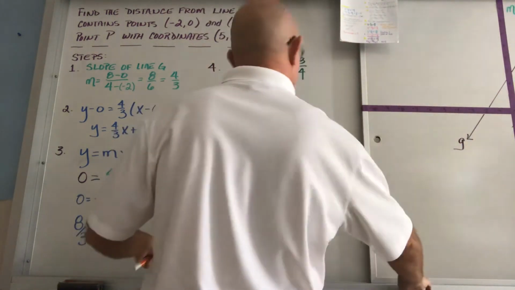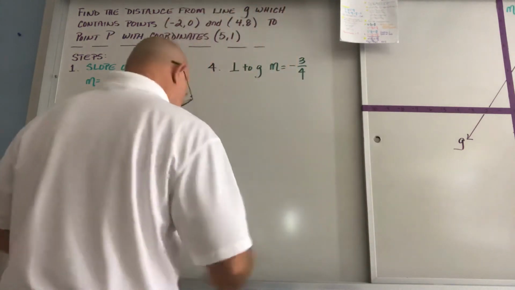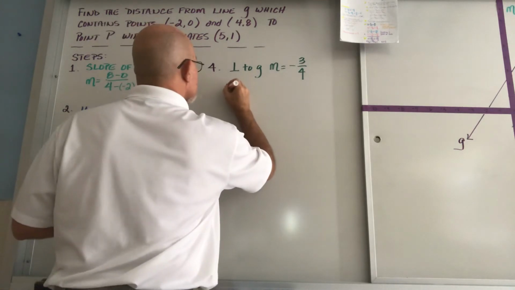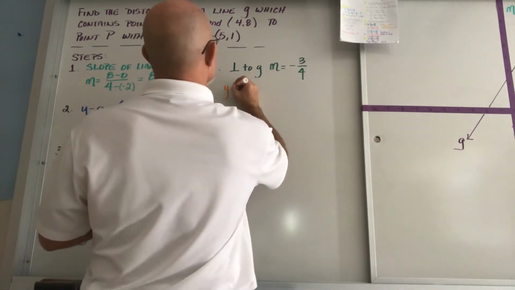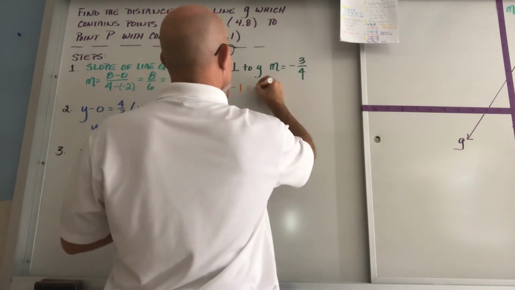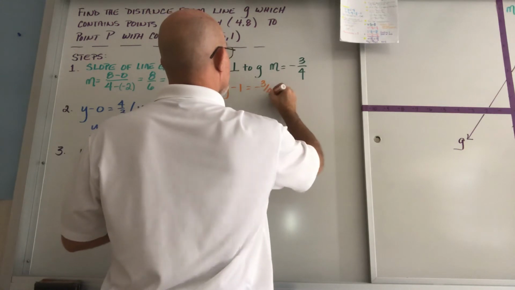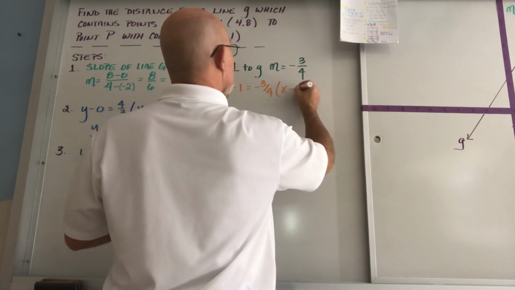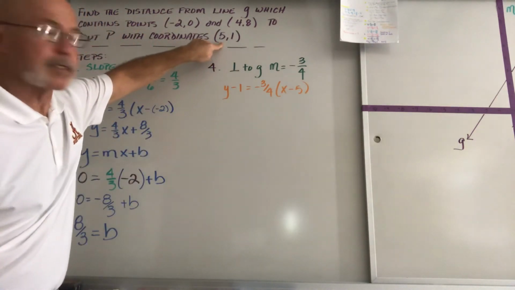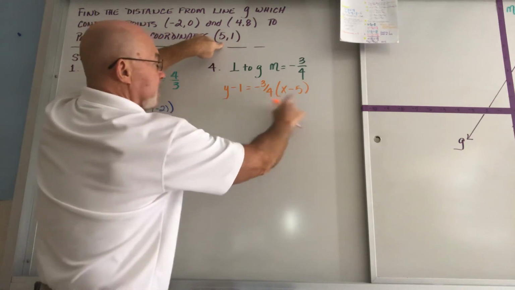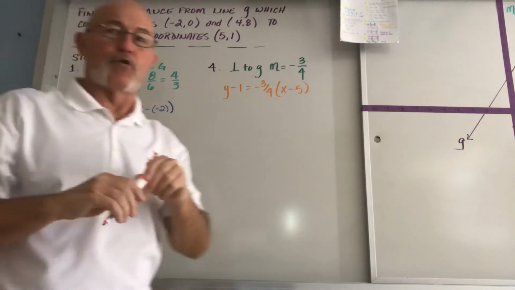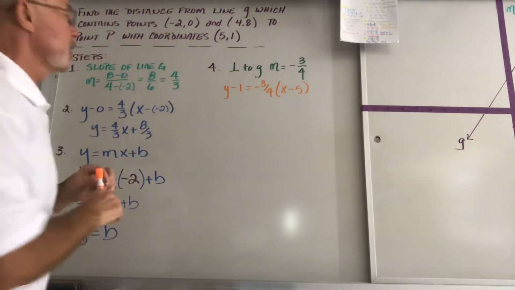And this is, okay, just so you know, this point is the one I'm using right here, okay? 5, 1. Remember the point slope form, we have to substitute the x and the y, okay?